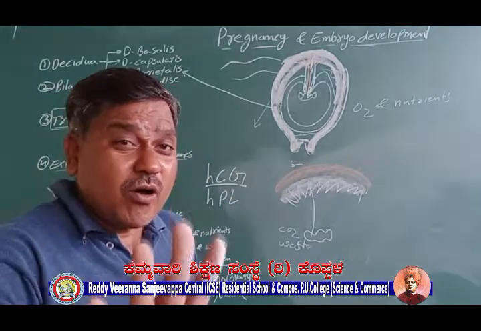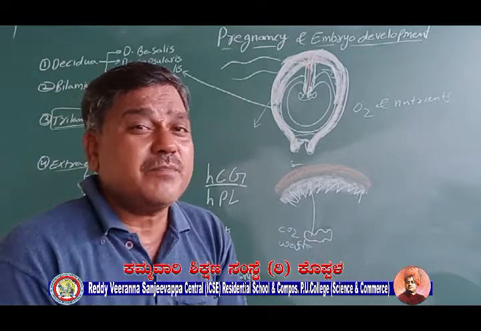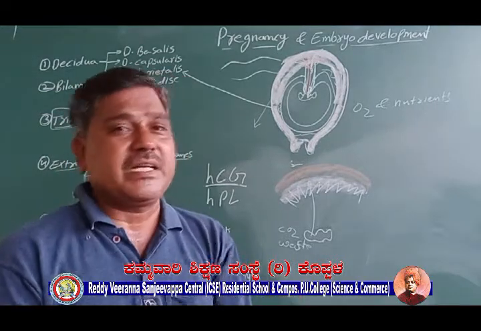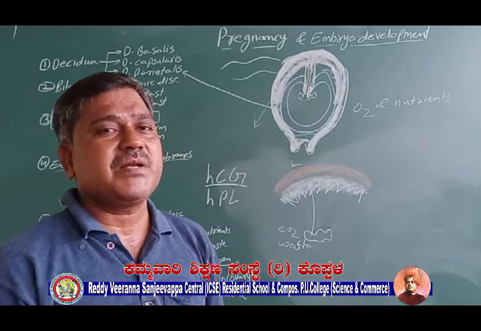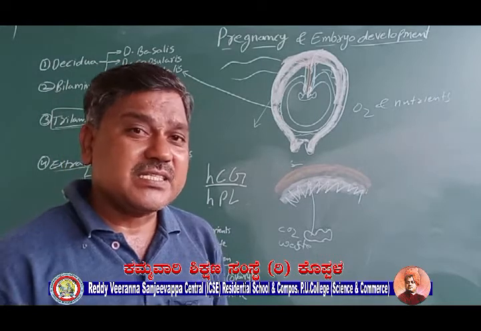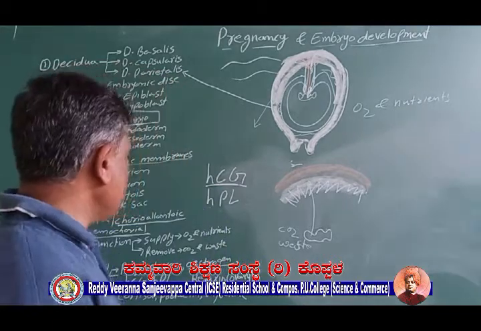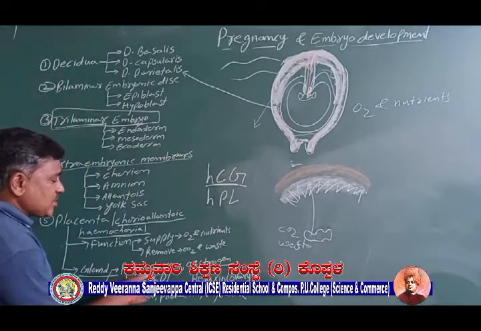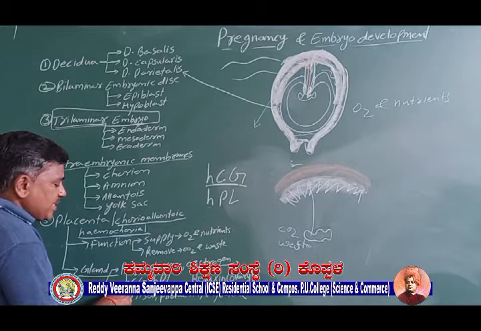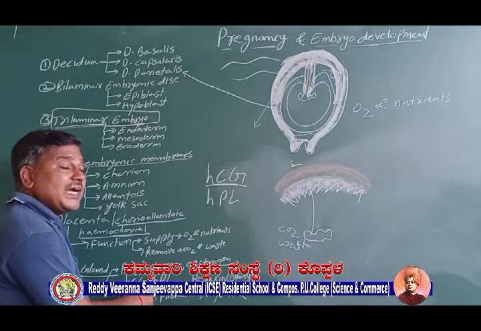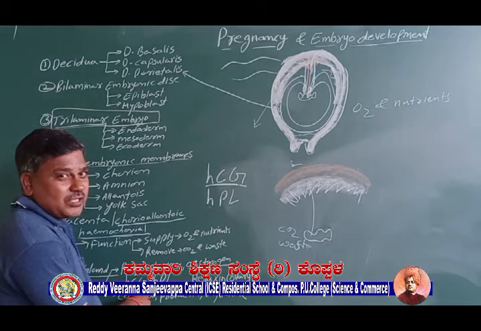These are the 4 hormones produced by the placenta throughout the pregnancy, to maintain the pregnancy: progesterone, estrogen, human chorionic gonadotrophin and human placental lactogen.